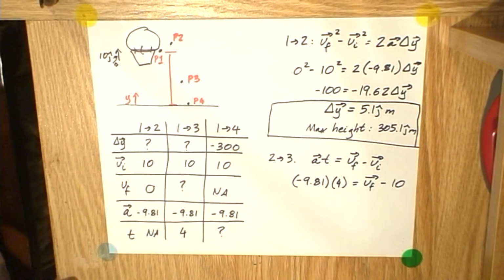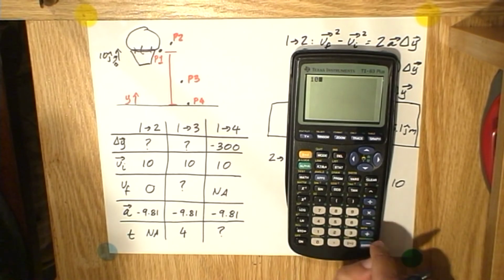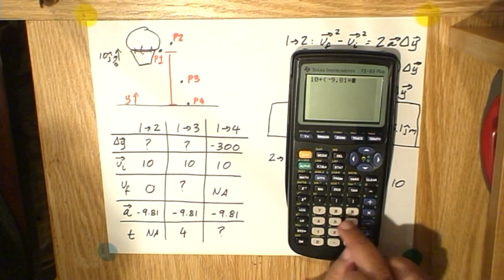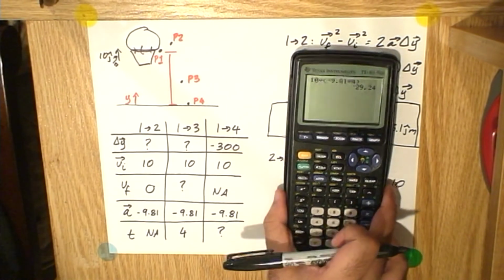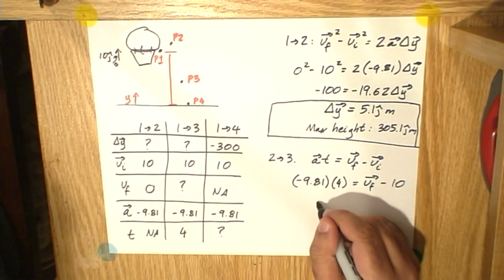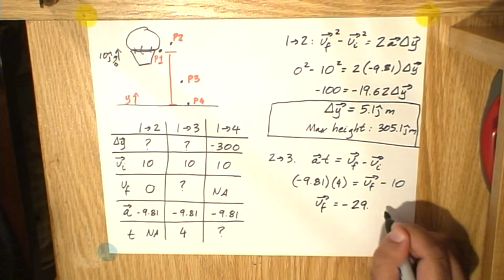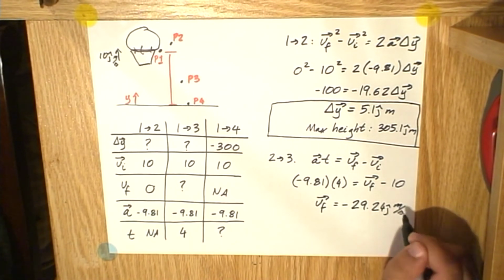So we can solve this as 10 plus negative 9.81 times 4, which is negative 29.24. And this would be in meters per second.